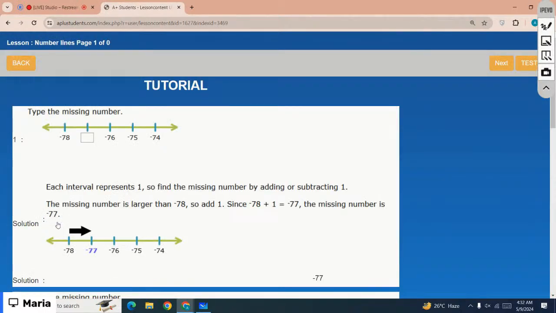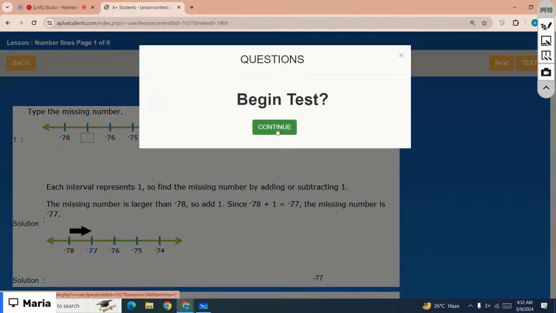Type the missing number. So which number is missing? That is negative 77 is missing. Let's just start with the test questions.